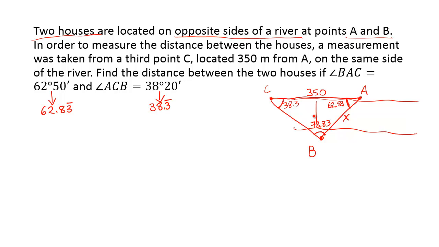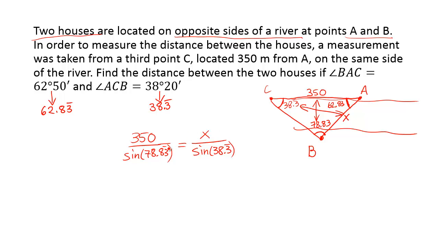So now we have a pair of opposite data. So we know that 350 out of sine of 78.83 repeated is the same as any of the other proportions. And the other proportion that we need is the one that's going to give us x, which is x over the sine of 38.3 repeated.